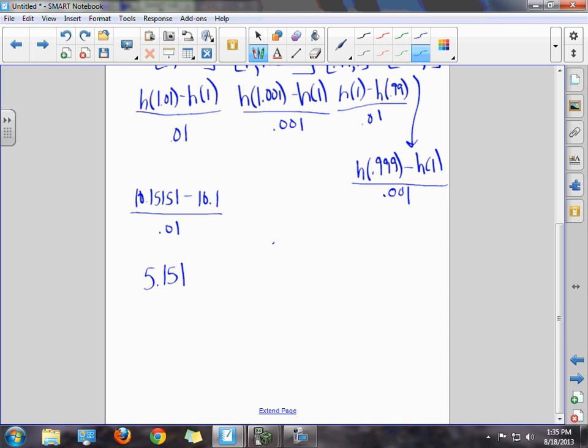So here is, if we find our function values and do the math for 1.001, we get approximately 5.2. If we do this one right here, we get 5.249.